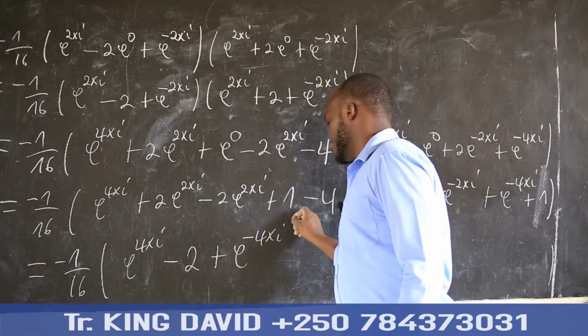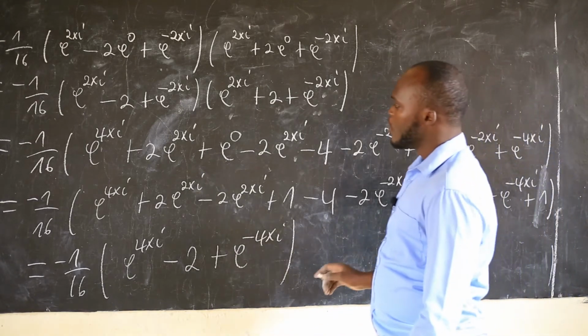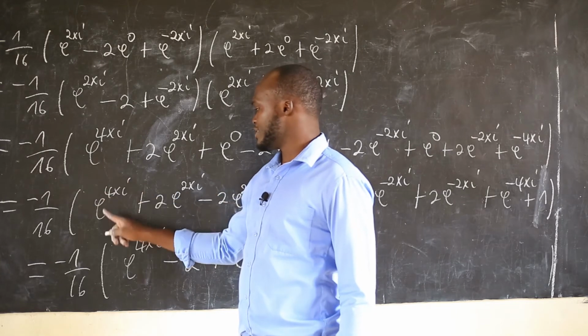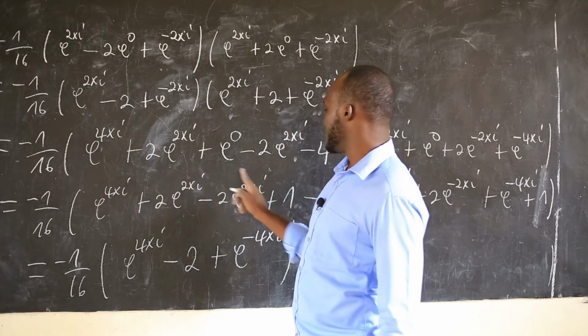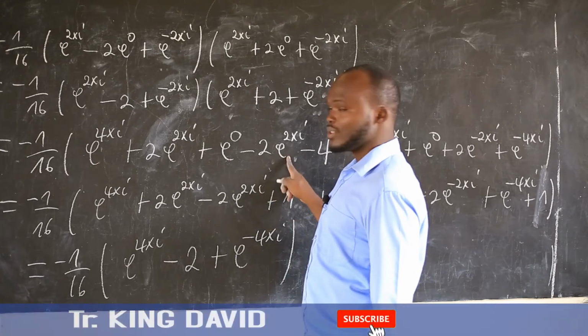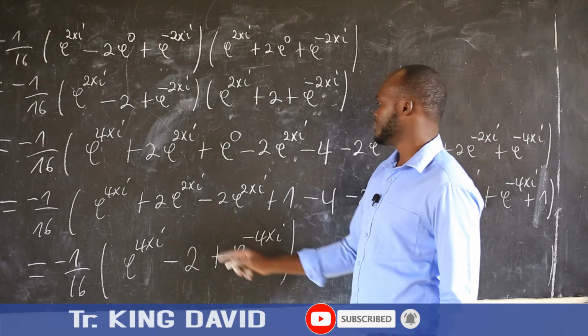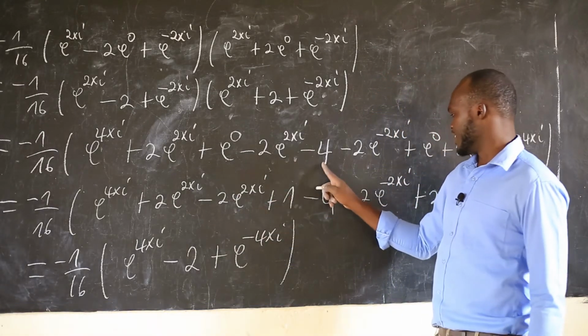So let me try to repeat so that you can understand. We have e power 4xi, which is this one. We have 2 e power 2xi with negative 2 e power 2xi. They are there, here. So we have e power 0, which is 1. We have this negative 4.